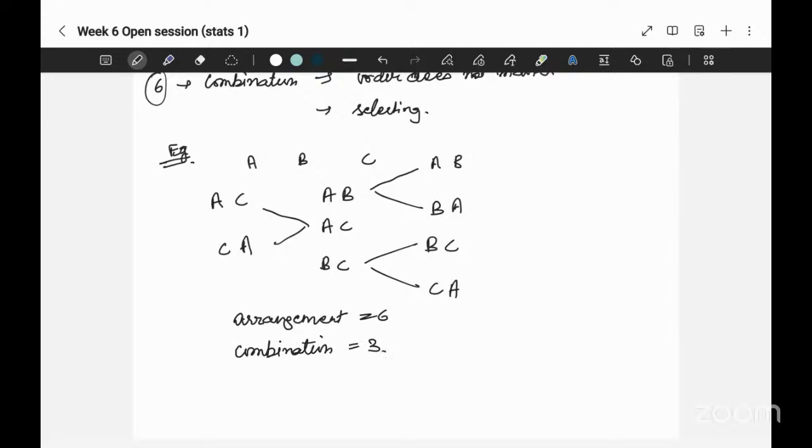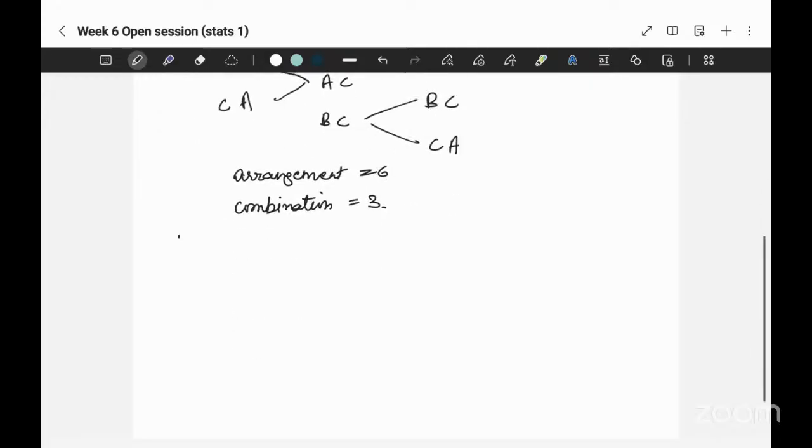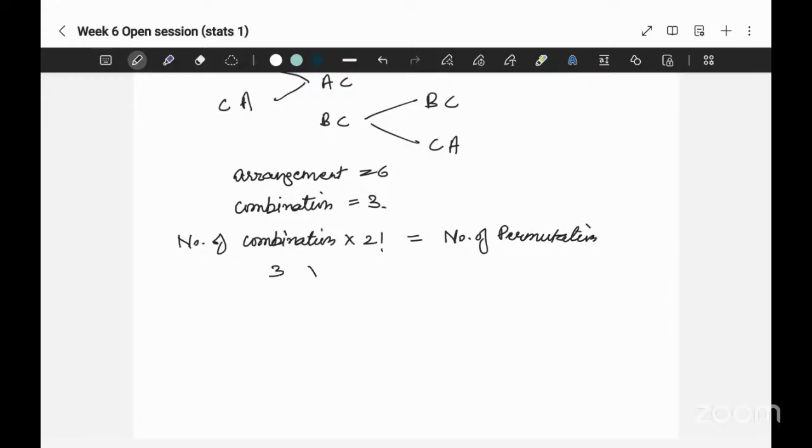So can I write the number of combinations into 2 factorial is equal to the number of permutations? The number of combinations, 3, into 2 factorial means the total number of arrangements, right?